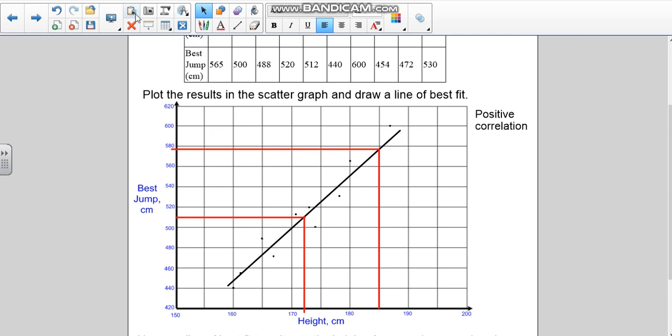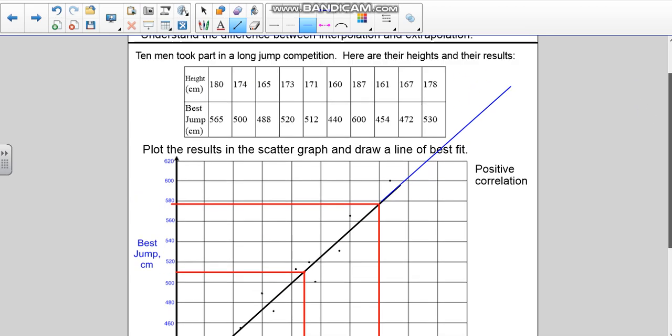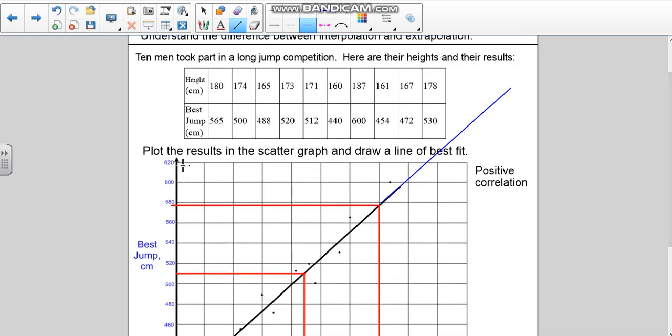So if I extended my line, let's just use some dots there. We've got 620, 640, 660, 680, 700. So somewhere over here.